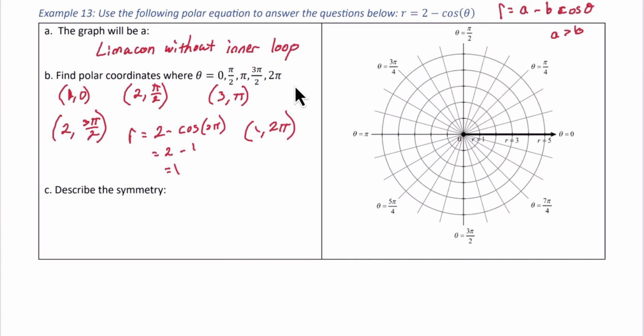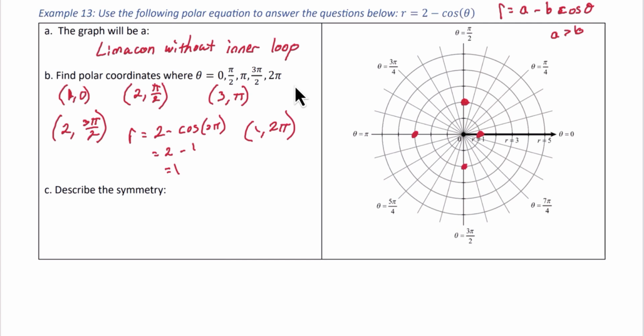So now let's plot all of those on the grid we have. We have 1, 0. We have 2, pi halves. 3, pi. 2, 3 pi halves.